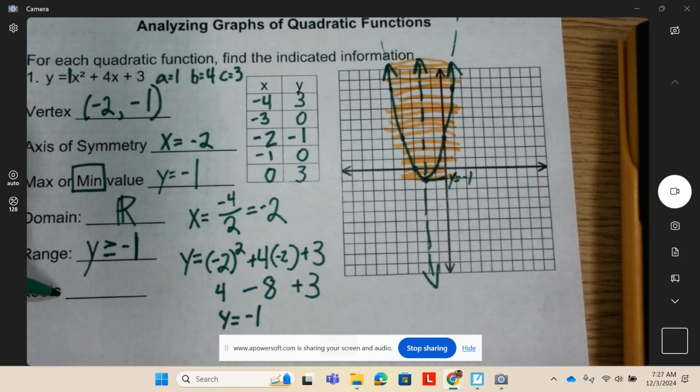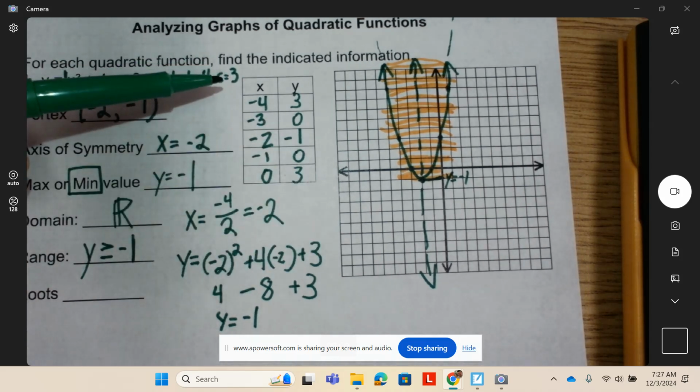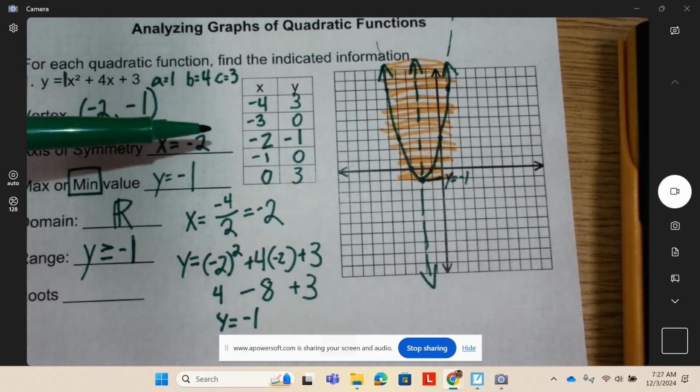Then I need my roots. My roots are just where it crosses the x-axis, or where my y value is equal to 0.